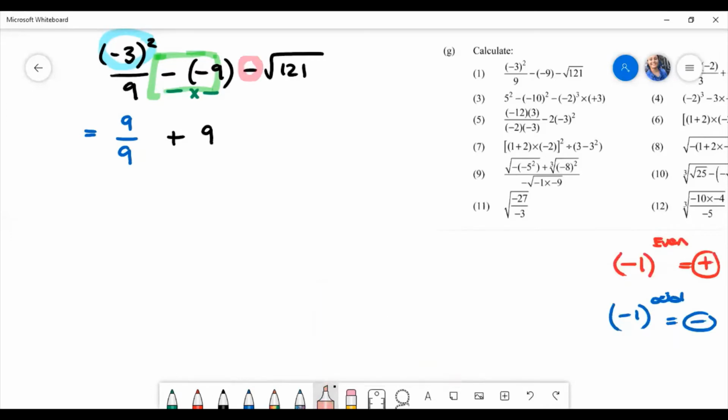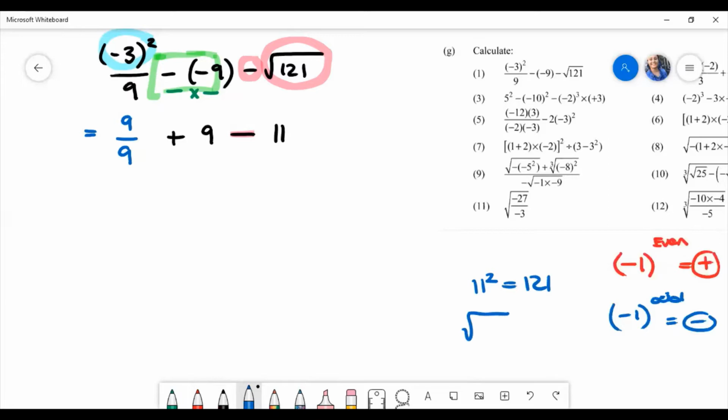Then I keep this negative here. This negative is separating the 9 from the next term, but I perform my simplifying of the square root of 121, which we should know is 11. So let's just quickly refer to that. If we say 11 to the power of 2, we get 121.